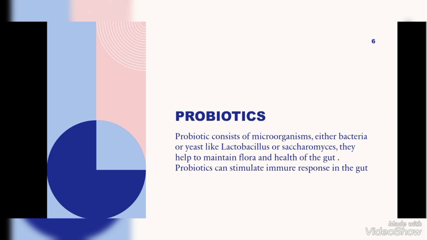So we provide this natural flora in the form of supplements. So probiotics consist of microorganisms, either bacteria or yeast like lactobacillus and Saccharomyces. They help to maintain flora and health of the gut. Probiotics can stimulate immune response in the gut.